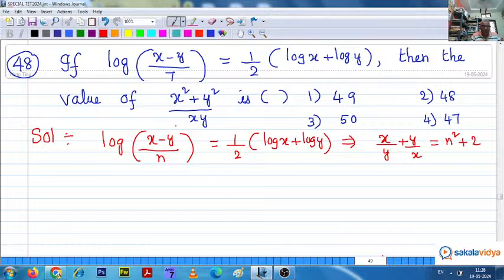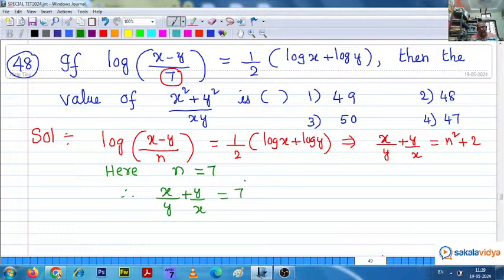What is the value of n? Here this is the n. So here n equals 7. Therefore x by y plus y by x is equal to 7 square plus 2, that means 49 plus 2, which is 51.